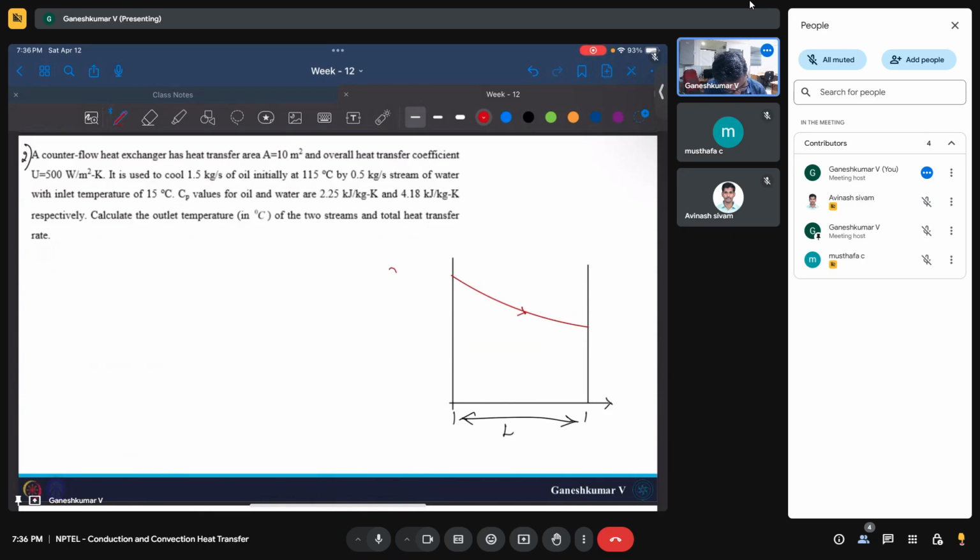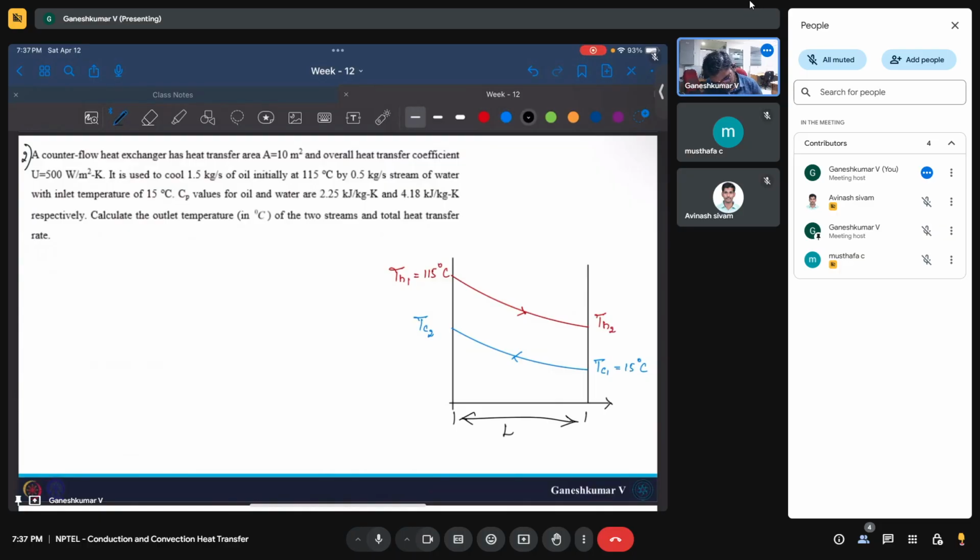The cold fluid enters at 15 degrees Celsius, TC1 is 15 degrees Celsius, and it leaves at some higher temperature. We also need to find that out. So this is the counterflow arrangement.